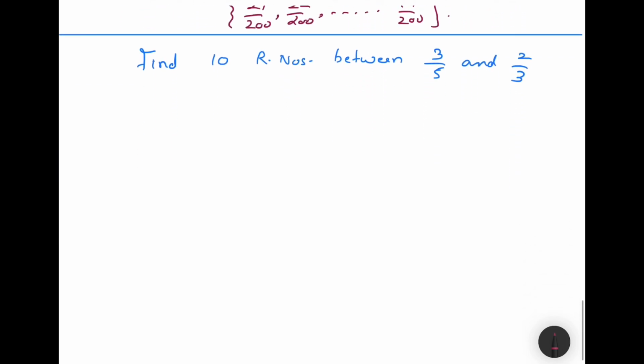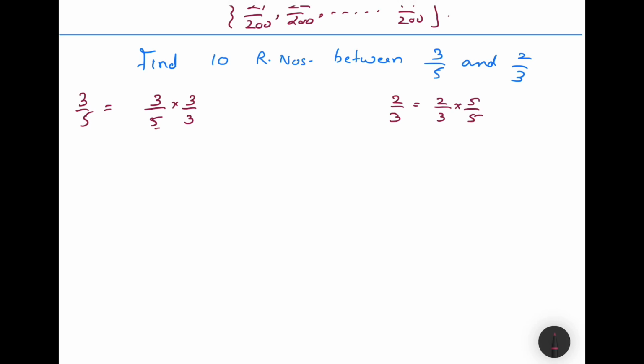Similar sum only here also. Find 10 rational numbers between 3 by 5 and 2 by 3. So you will take the LCM 15. We will do this in a much shorter way. I explained the previous sum step by step. Now you can do it with fewer steps. So 3 by 5 into 3 by 3 and 2 by 3 into 5 by 5.